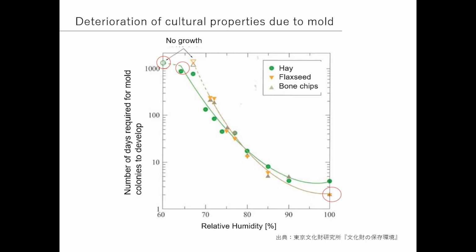Therefore, it can be seen that the risk of mold can be avoided if the relative humidity is kept below 60%. In this manner, you can see how the temperature, and especially the relative humidity where artifacts are displayed and stored, are factors greatly affecting the deterioration of artifacts, so their control is extremely important.